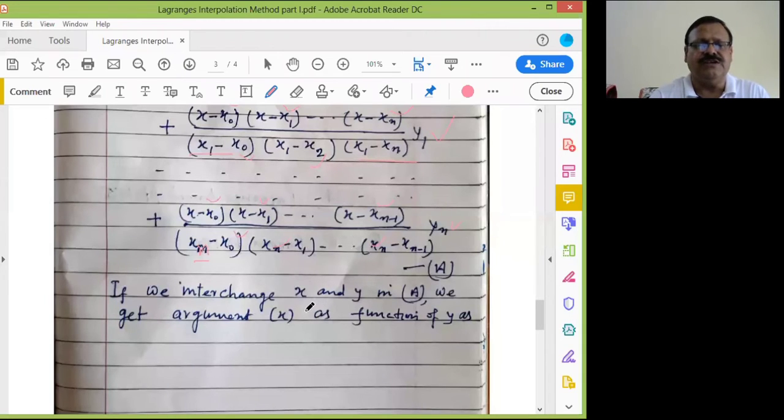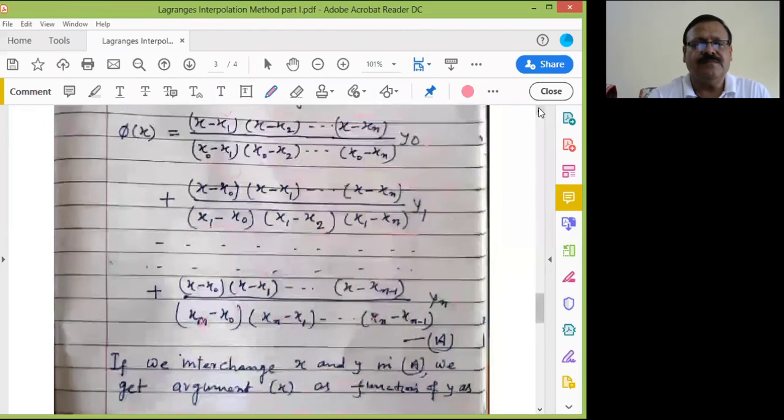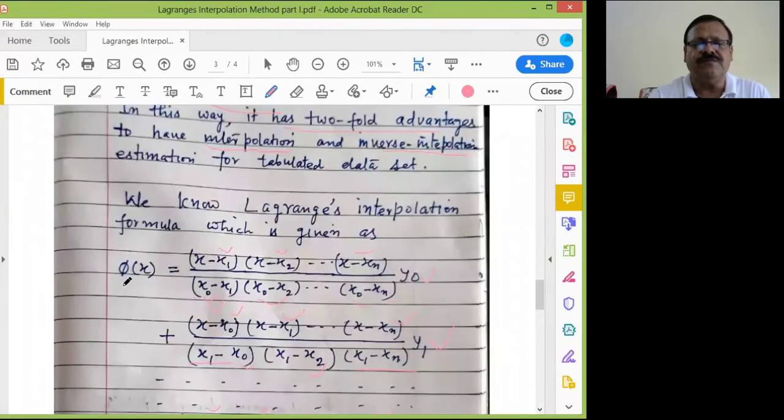Now, if we interchange x and y in A, we get argument x as a function of y. Look at here, this is a function of x, meaning this is y.